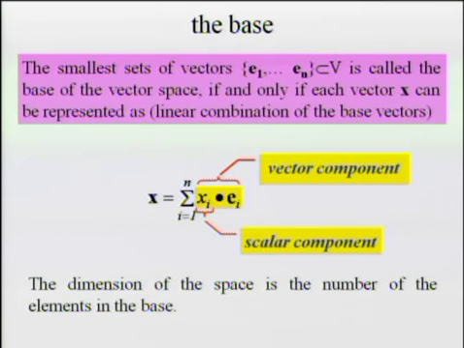Think about arrows on a plane. How many base vectors would you need to represent every arrow on the plane in terms of linear combination of those base vectors? Two, correct. If you use two vectors, it means that the whiteboard is two-dimensional.